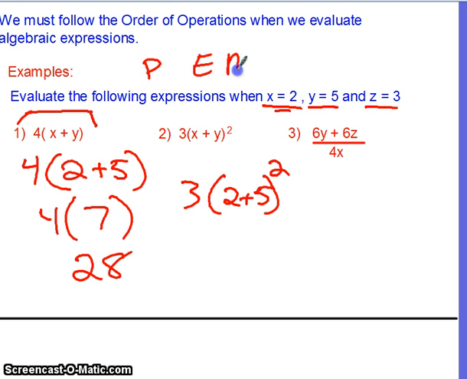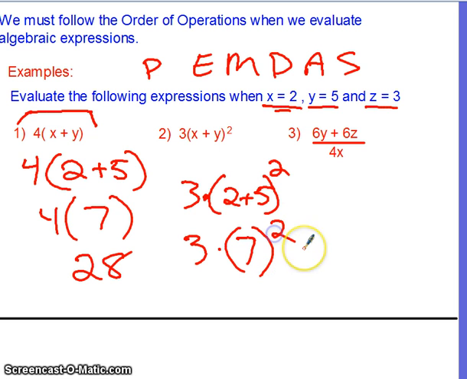So now we really have to deal with our PEMDAS. Please excuse my dear Aunt Sally. Parentheses first. So now we're going to have 3 times, if you remember, this means times in between here when you have a number up against the parentheses, times 7 squared. So now we got rid of the parentheses, but here we have an exponent. So we have to deal with the exponent next.